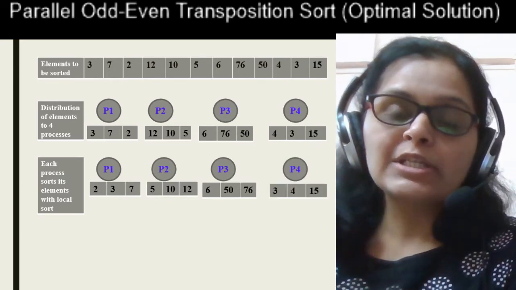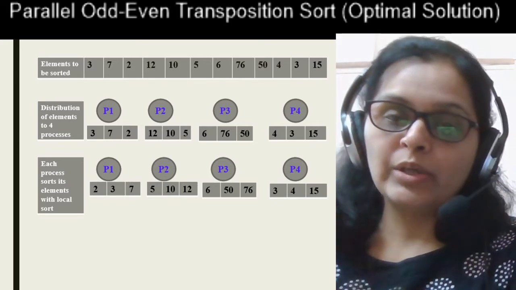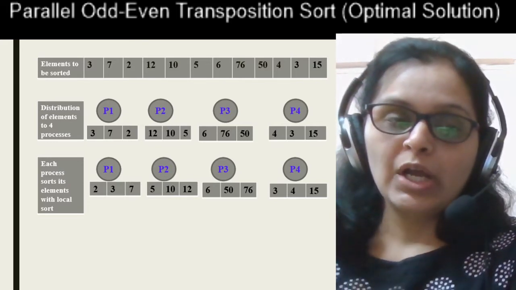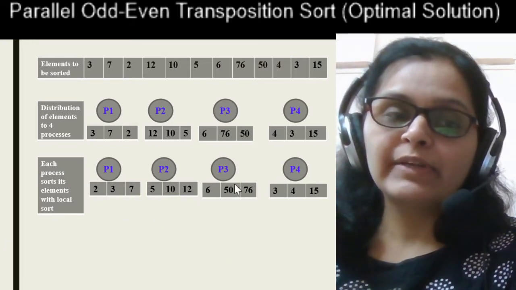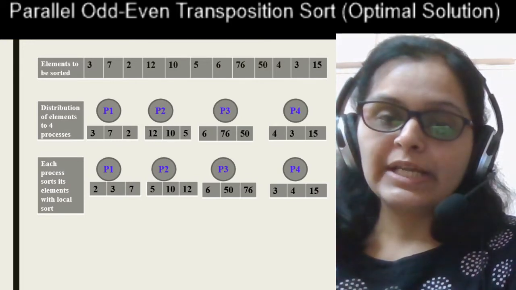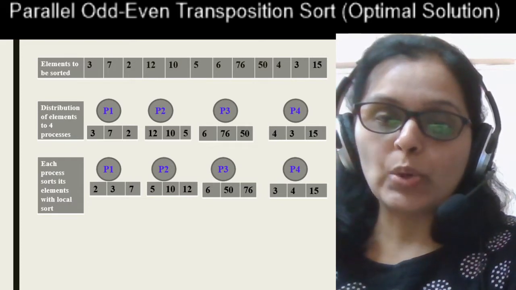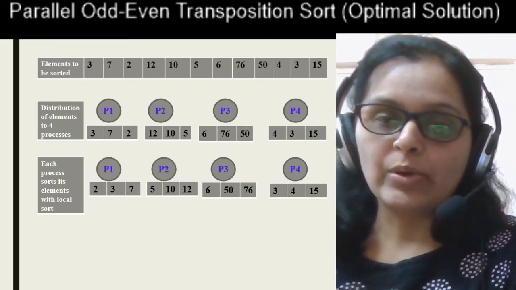And for this local sorting, the best sequential sorting algorithm like quick sort or merge sort is used. So here all the processes P1, P2, P3, P4 are sorting their partial arrays locally by the best sequential sorting algorithm, let us say merge sort or quick sort.